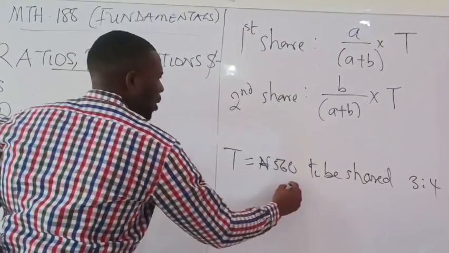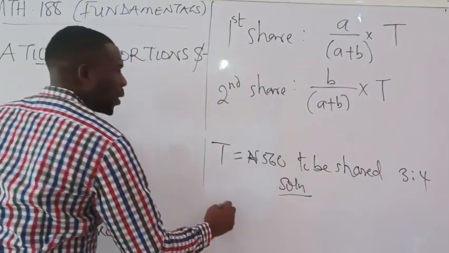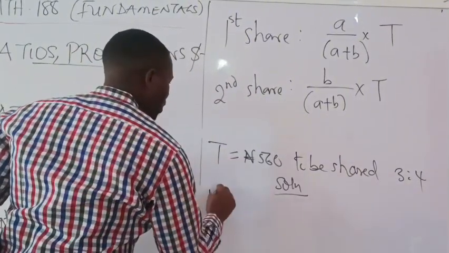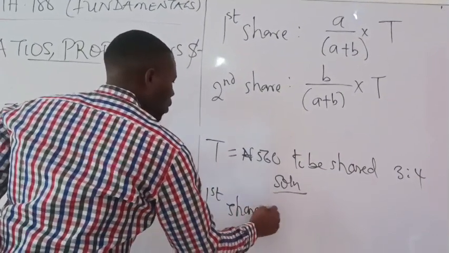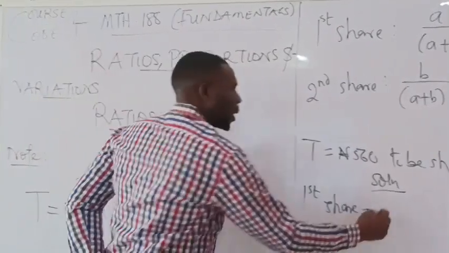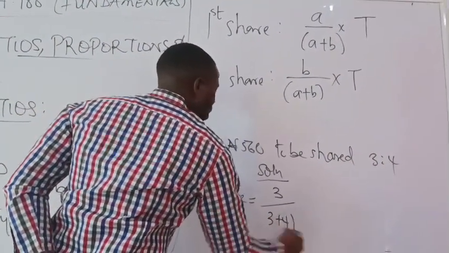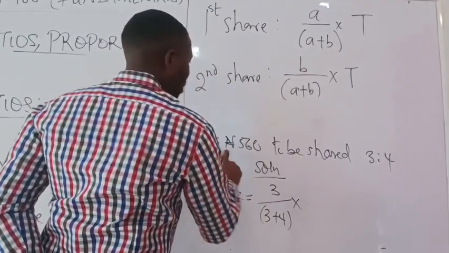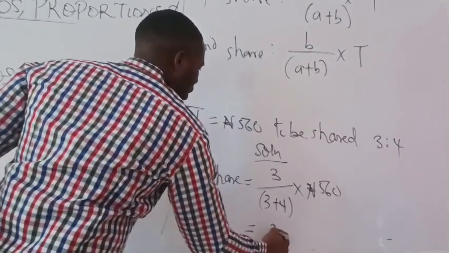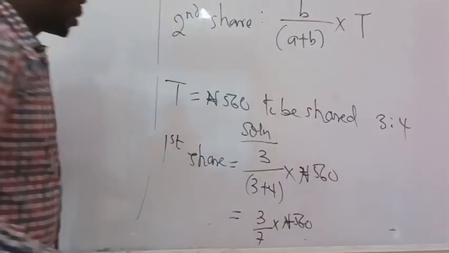So the first person's share, straight to the point, from the template you have up there, would be 3 over the sum of the ratio, that is 3 plus 4, multiplied by the overall quantity to be shared, that is 560. And this would be 3 over 7 times 560.